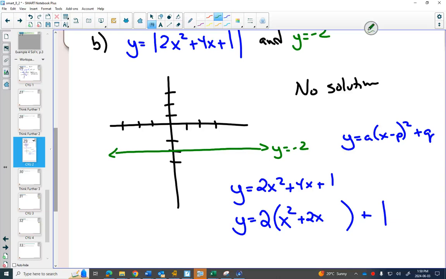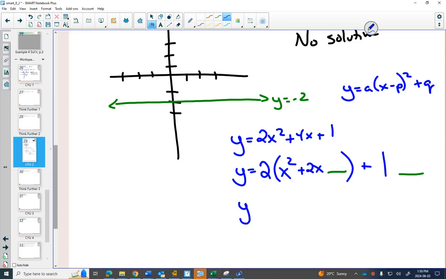And I purposely left a space there. Because if I want this to look like something squared, remember that this 2 gives you a hint. What's the only thing that when you square it would give you a 2x? It has to be exactly x plus 1.